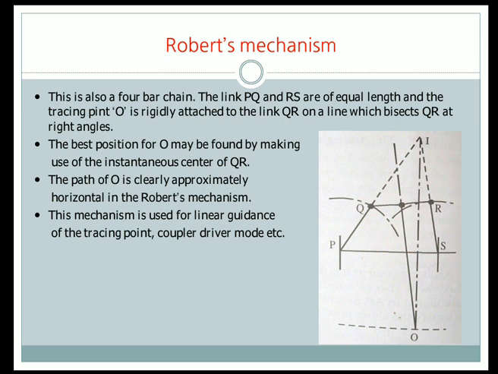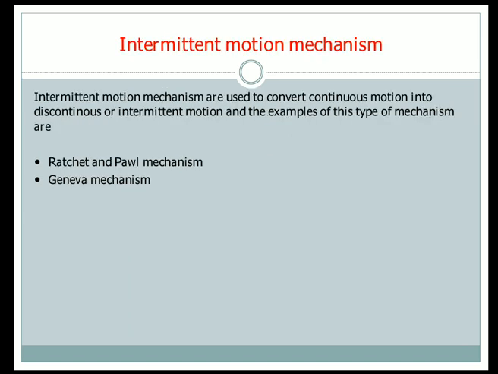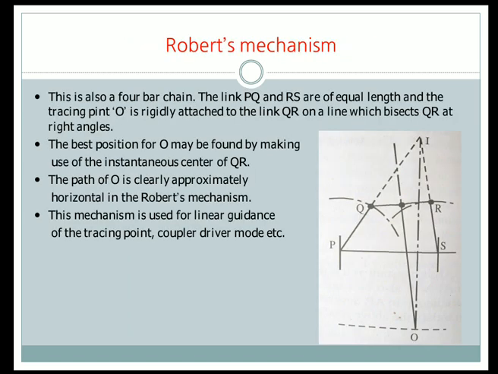It has links PQ, QR, RS, and a center link which is attached to link QR. So there is a link attached to the center of the link QR as shown in figure. The lengths of links PQ and RS are equal, and the tracing point O is rigidly attached to the link QR.